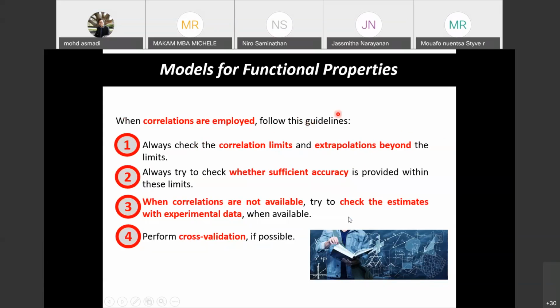Okay, so let's move to the mixture properties. What is the model? Generally for the mixture properties, if you remember, we deal with vapor liquid equilibriums, liquid liquid equilibriums, as well as solid liquid equilibriums. If you still remember vapor liquid equilibriums, what's the equation?